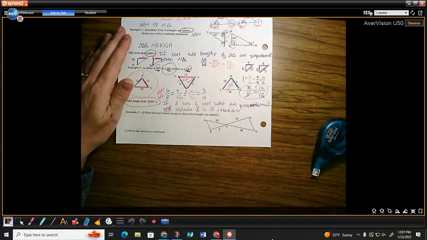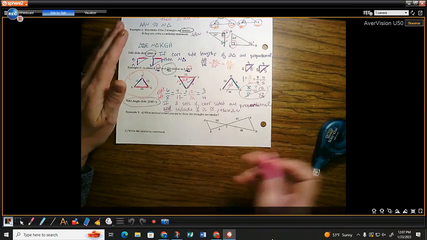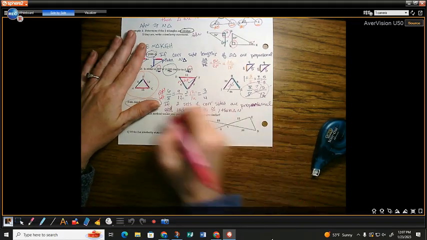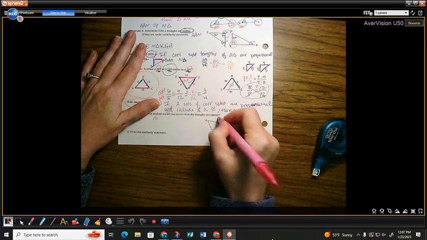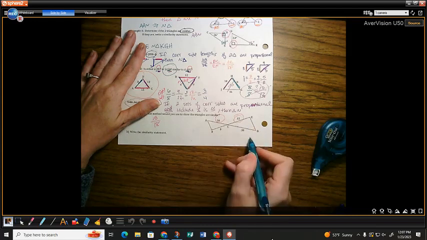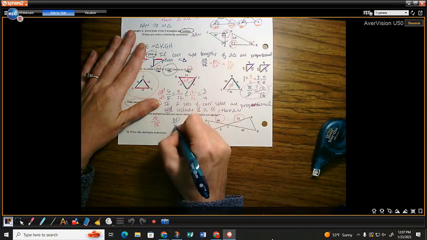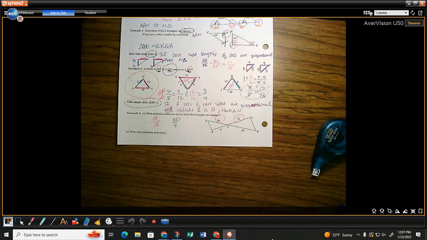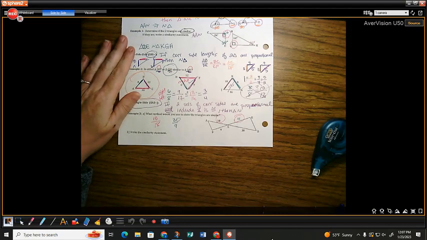Remember, you got to compare corresponding parts to corresponding. 15 over 18. So you think 15 should match up with 18, and then what would that match up with on the other side? 30 over 9. Are those proportional? Do they make an equal ratio? Let's check.